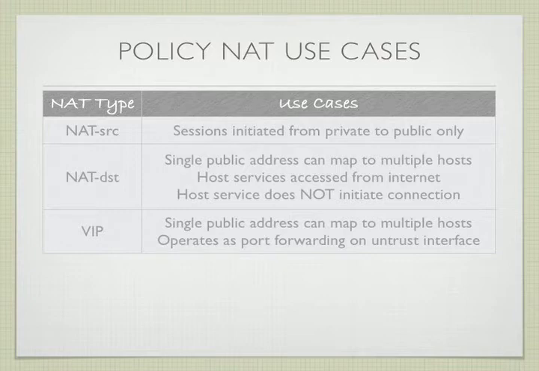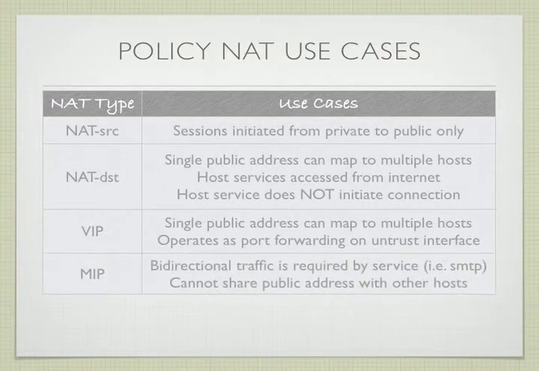So this again is the same type of function that we're doing in destination policy NAT, and these are alternatives to each other. And then the MIP is required if the server cannot share a public IP address with other hosts, and you want bidirectional traffic.